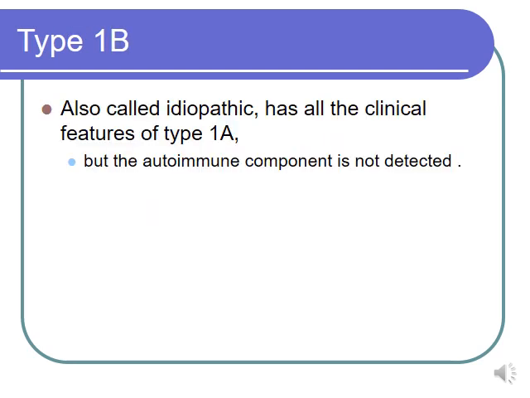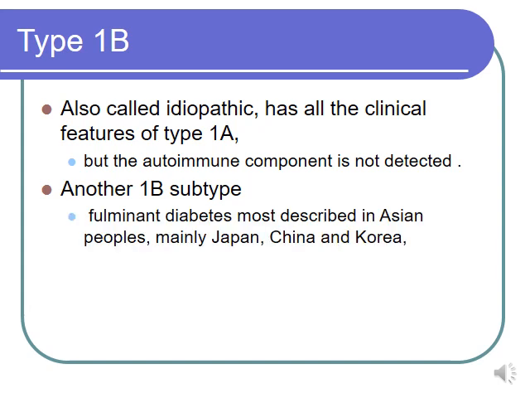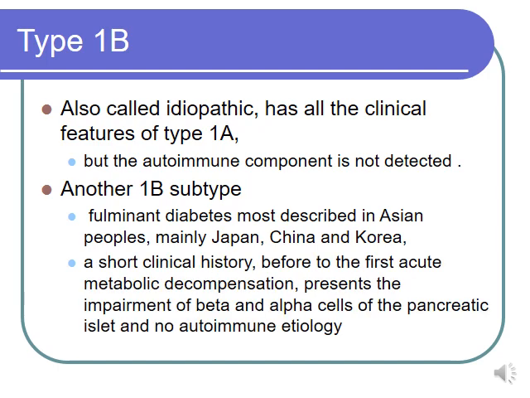Type 1B is also called idiopathic, where all the clinical features of type 1A are present, but the autoimmune component is not detected. Another is the 1B subtype, fulminant diabetes, most described in Asian peoples, mainly Japan, China, and Korea. A short clinical history before the first acute metabolic decompensation presents the impairment of beta and alpha cells of the pancreatic islet and no autoimmune etiology.